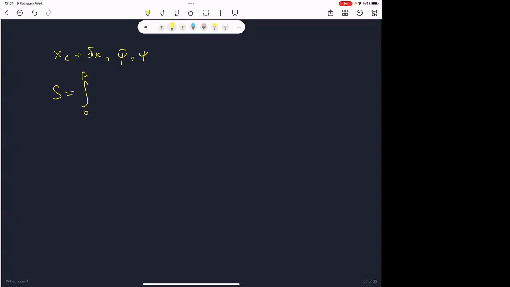Since I expand around this critical one, here it's minus delta x d squared dt squared, and here I have again delta x. This is from the bosonic part. Then I have again psi bar psi times psi dot, which I can rewrite as psi bar d/dt psi.